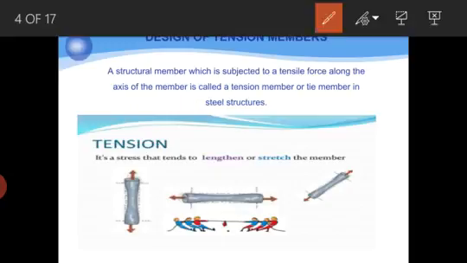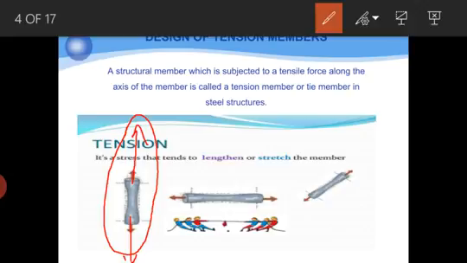This side a member is being subjected to pull, and this side also a member is being subjected to pull. So two pulling actions. These actions are what we call a tensile action or tensile force. Means a member carrying a tension is known as a tension member. It is also called a tie member.